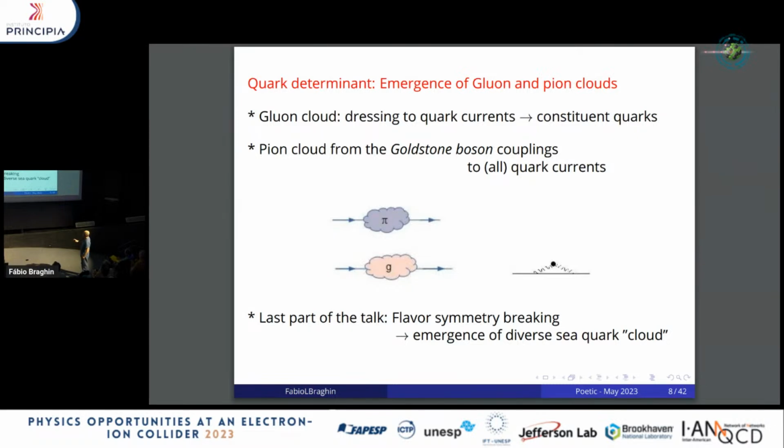In the last part, I will talk about the effect of flavor symmetry breaking in this constituent quark that will give rise to different strange quark, let me say, cloud.